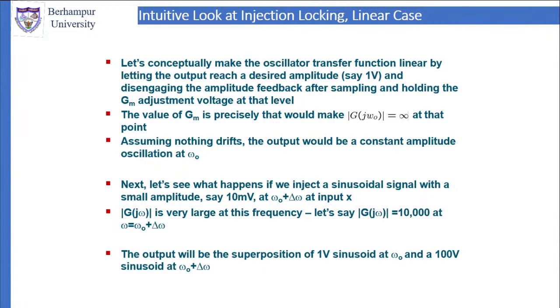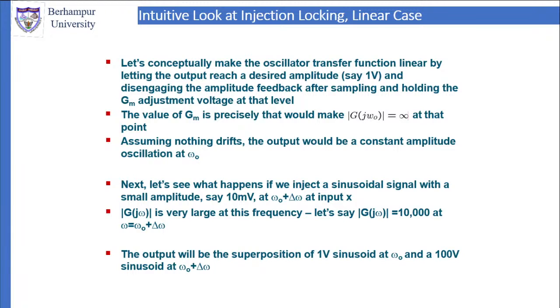So the desired output is 1 volt, and we disengage the amplitude feedback, sampling and holding the GM adjustment voltage at that 1 volt level.